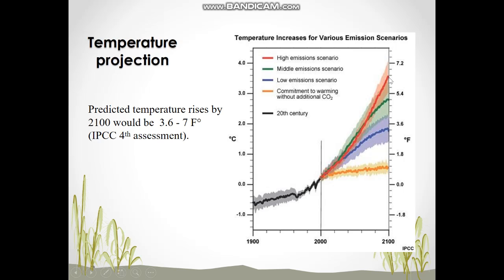Under the middle emission scenario of greenhouse gases, it will increase by almost 5 degrees Fahrenheit. And under the low emission scenario, it will increase by almost 3.6 degrees Fahrenheit.